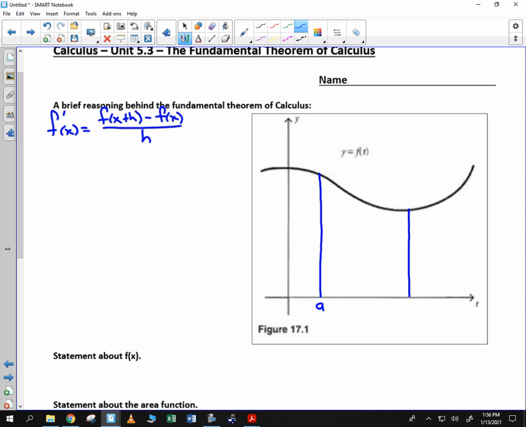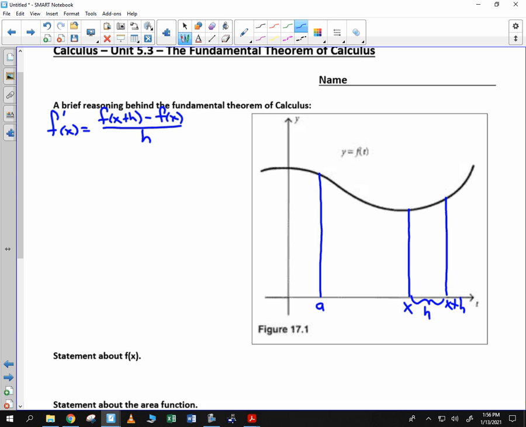Then we're going to go to that spot. We'll call that x. And we're going to go to that spot, and we're going to say that this distance here is h. So this would be x plus h.